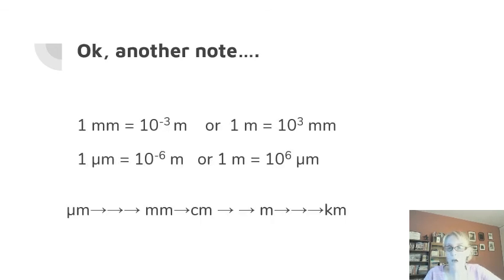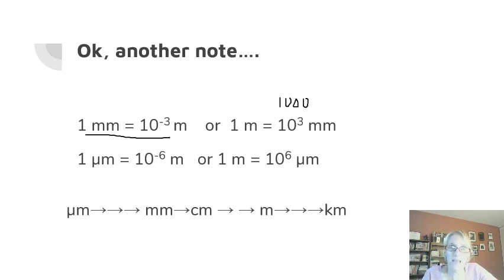On another note with these conversions, remember, if you look at the chart directly, it's going to say 1 millimeter is 10 to the minus 3 meters, because milli means 1,000th. So this makes sense. But keep in mind, you can reverse it. So 1 meter has 10 to the 3 millimeters. So 1 meter has 1,000 millimeters in it.